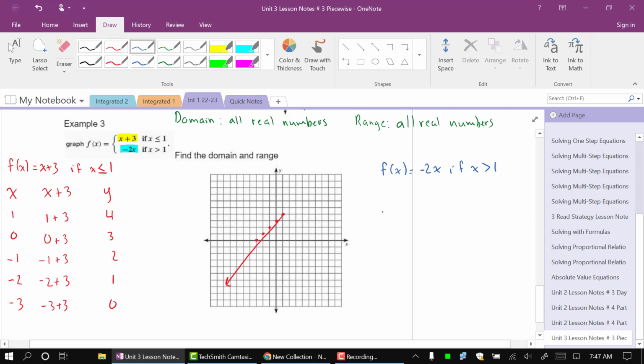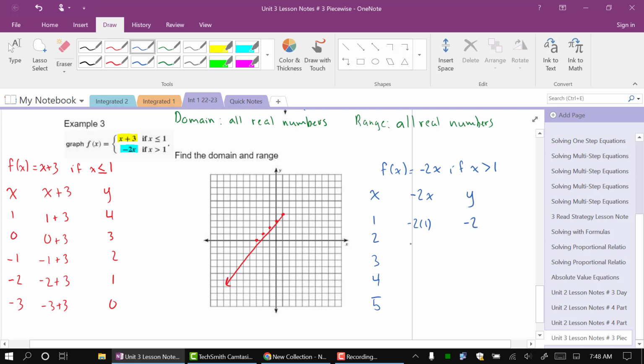Let's take a look at our next one. So we have our x values. We're plugging it into the function negative 2x. It's going to give us out some y values. So we have 1, 2, 3, 4, 5. So if I plug in 1 there, that's going to give me negative 2 times 1, which is negative 2.